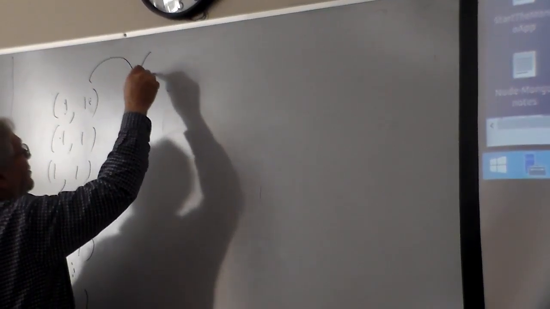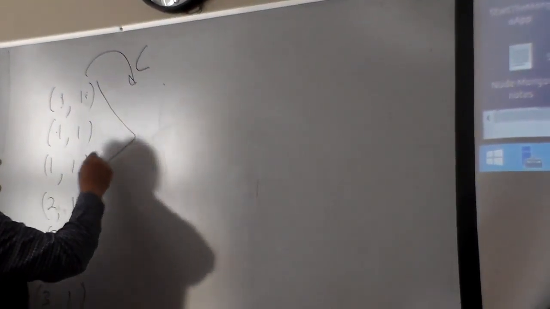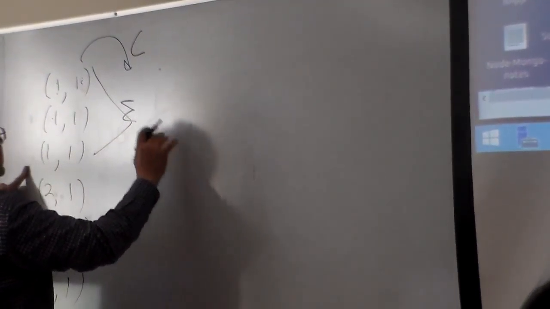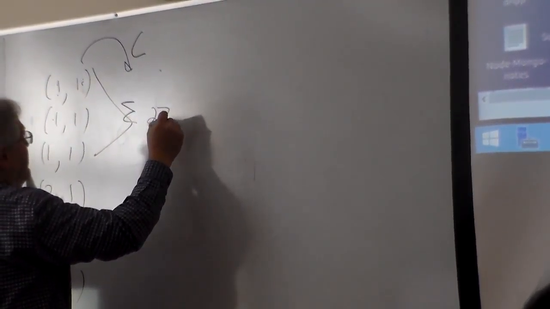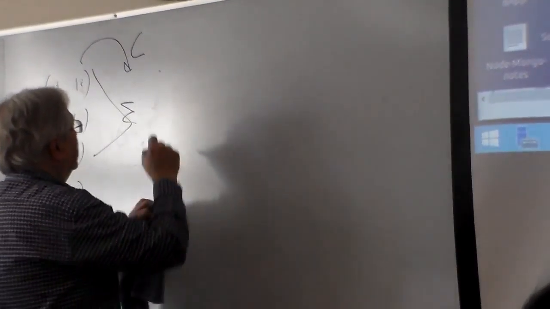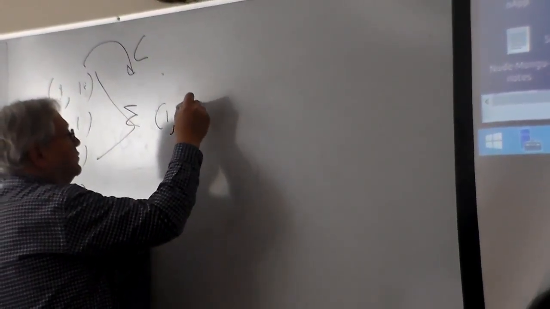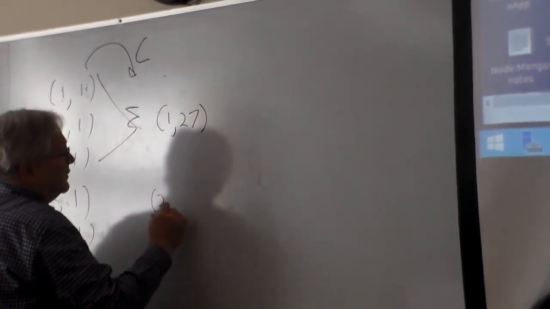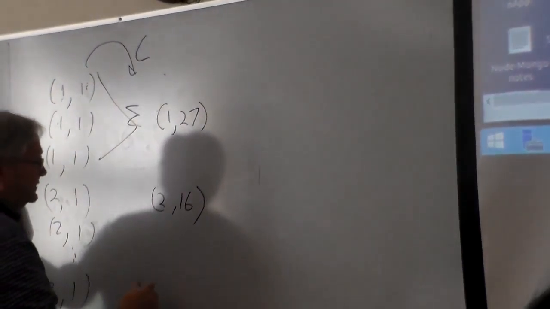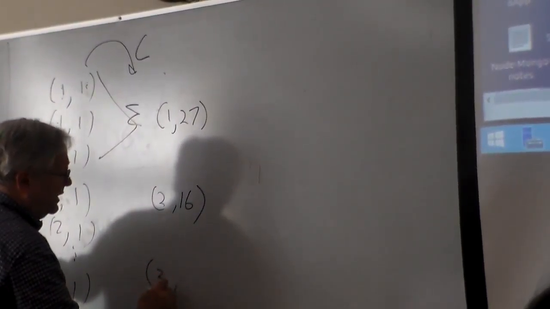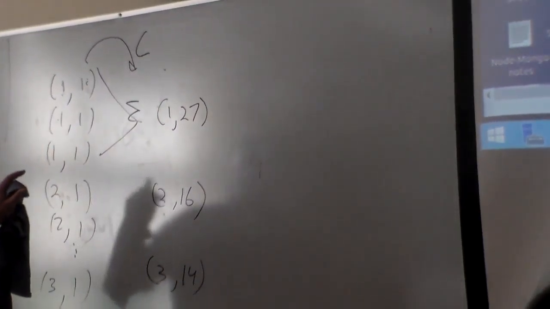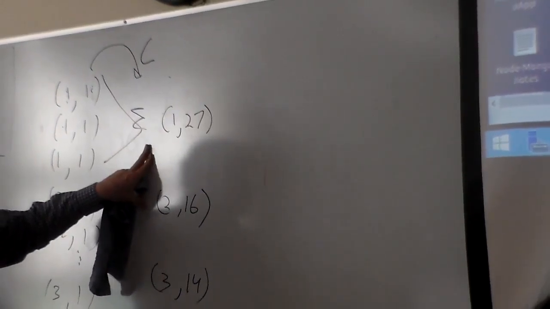And then in the same node, you would go to the combiner phase, which would just combine those, and then you might wind up with something like: there are 27 words that had 1 letter, and then maybe there were 16 words that had 2 letters, and then for 3 letters you might have had 14 words. And this would be on one node.